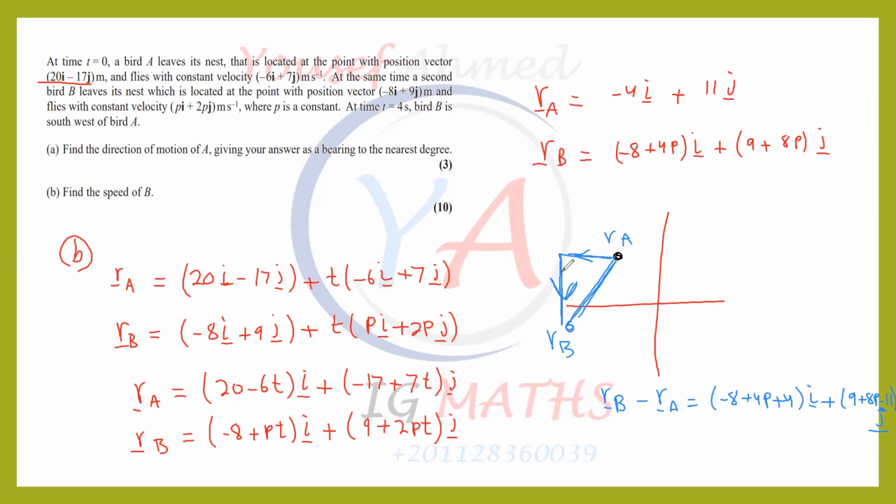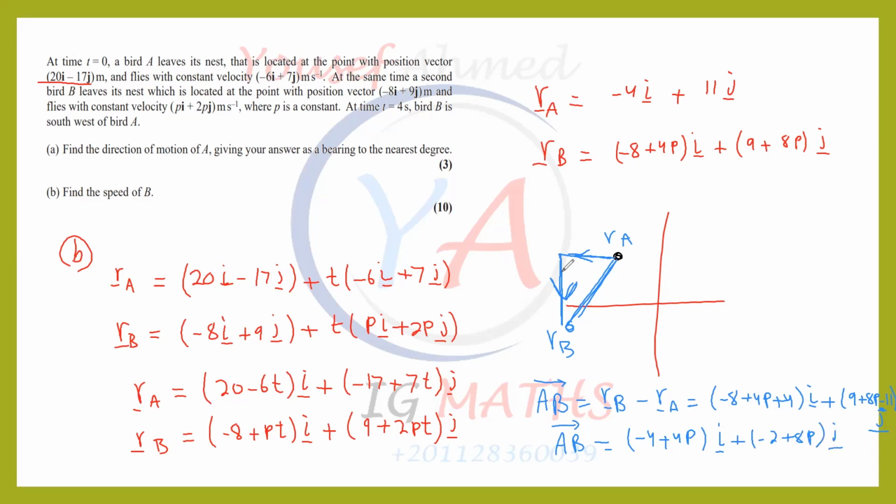So this vector, which is AB, the difference between RB minus RA, now you can write it as here, negative 4 plus 4p i added to 9 minus 11, it will be negative 2 plus 8p in the j direction.